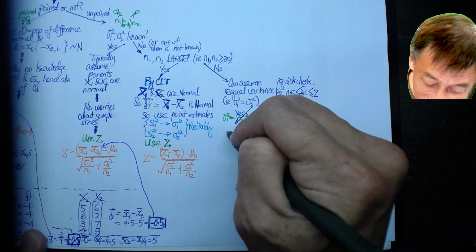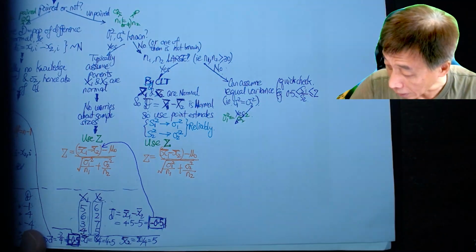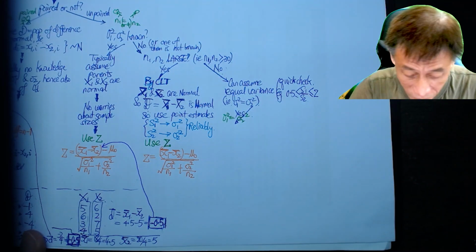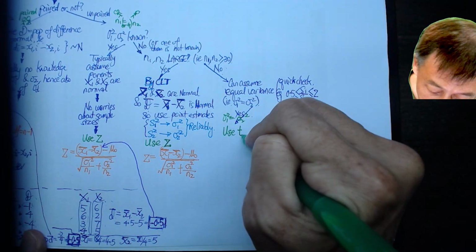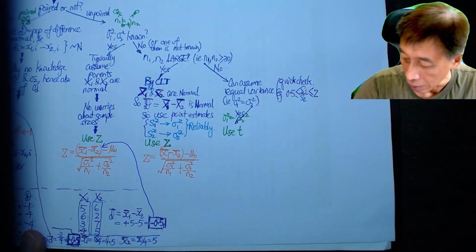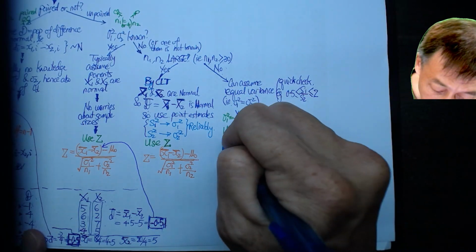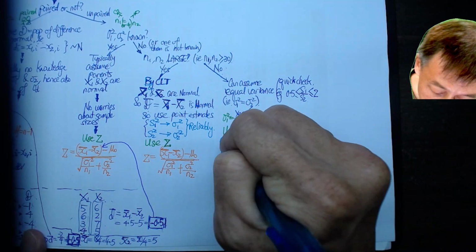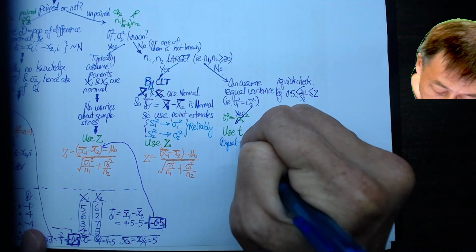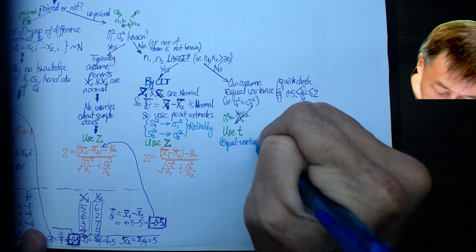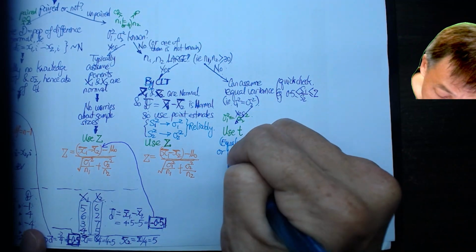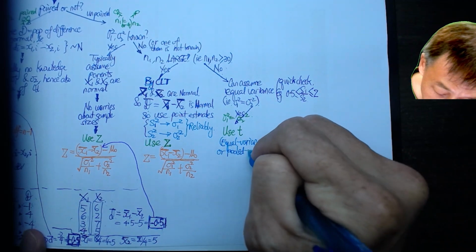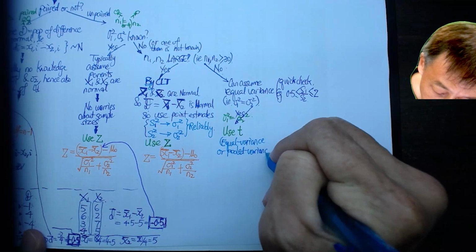Okay, so use t. So this is called the equal variance t-test, or the pooled variance t-test.